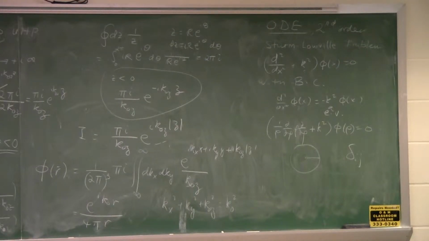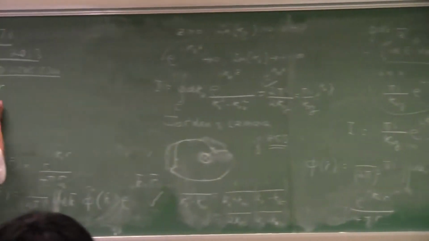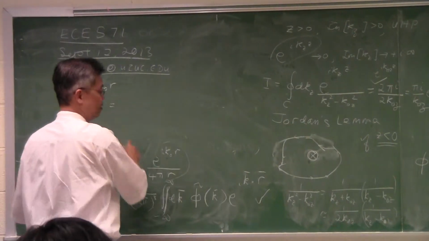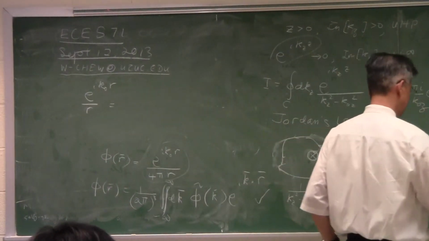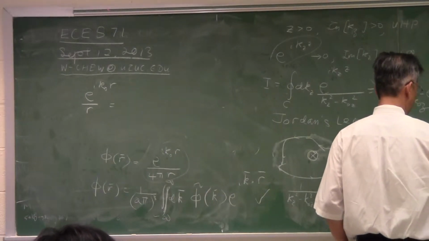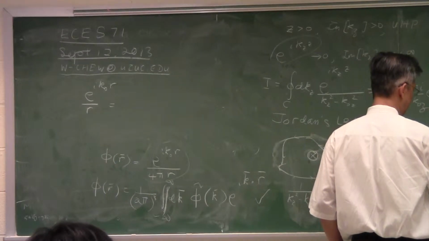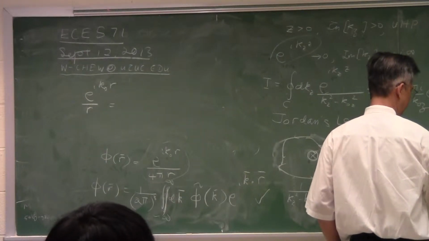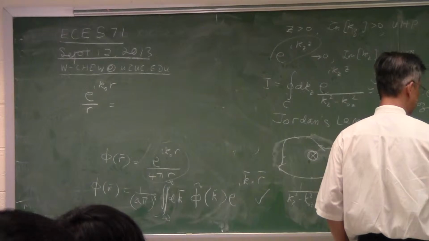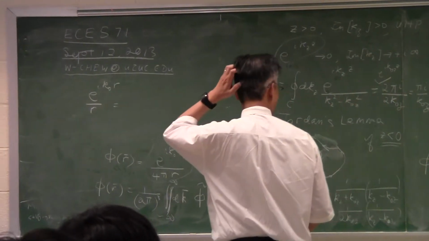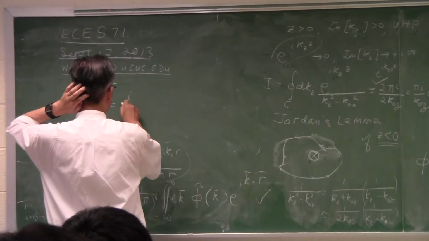And if I write it down properly, I will get the fact that e to the i k naught r over r, a spherical wave, can be written in terms of, this gives me 1 over 8 pi cubed times pi i. And then if I further multiply by 4 pi, okay, the pi squared, i, and then I get i over 2 pi.